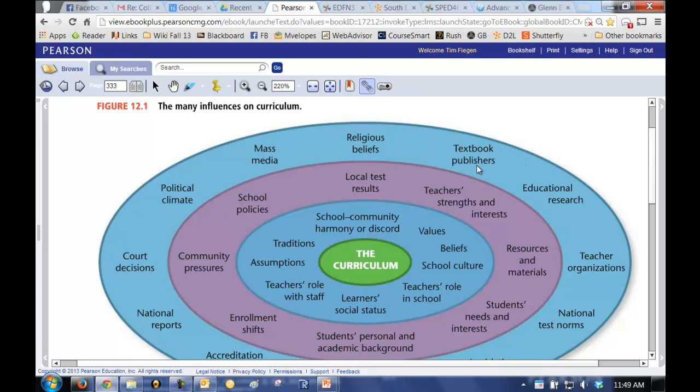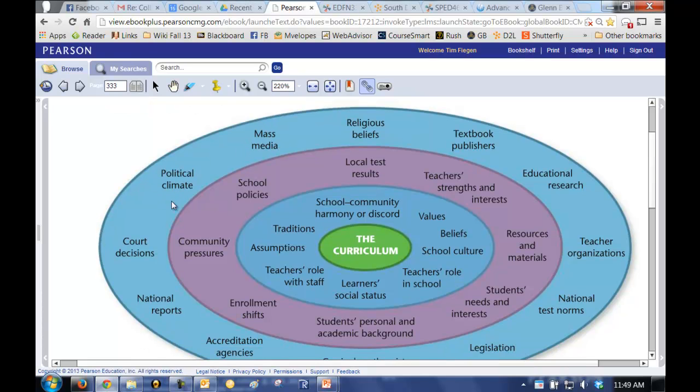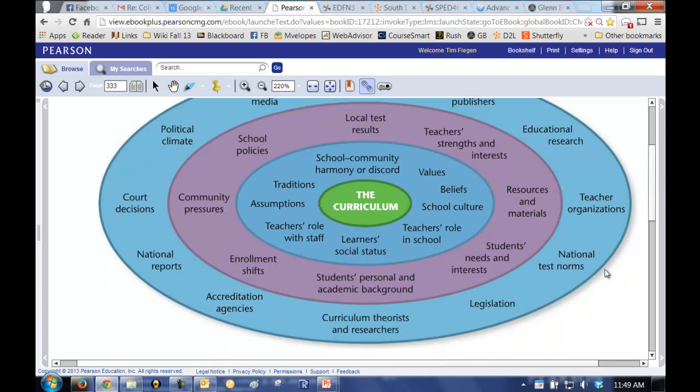We'll talk about the impact that textbook publishers have, because we adopt all this curriculum that we want, then we order textbooks, and we're still at the mercy of the textbook publishers and what they've included. They make a funny spiel about that in this chapter. But the mass media can affect it too, along with political climates and court decisions. As you can see, it's a crazy amount.